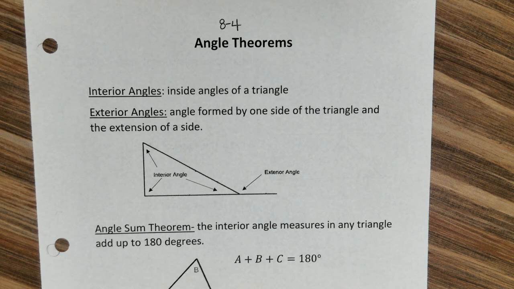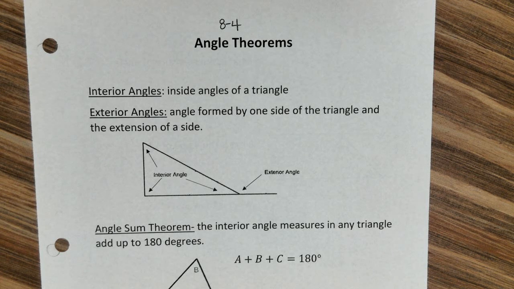What does exterior mean? Outside. That's like if you continue a line past the triangle, it forms this exterior angle. Does everybody see how this triangle's line keeps going right here? Here's an exterior angle. Everybody good with exterior and interior? Okay. So those are the vocabulary words you need to know.